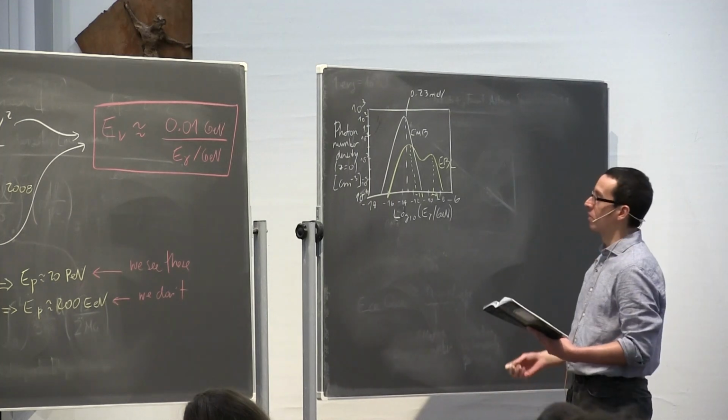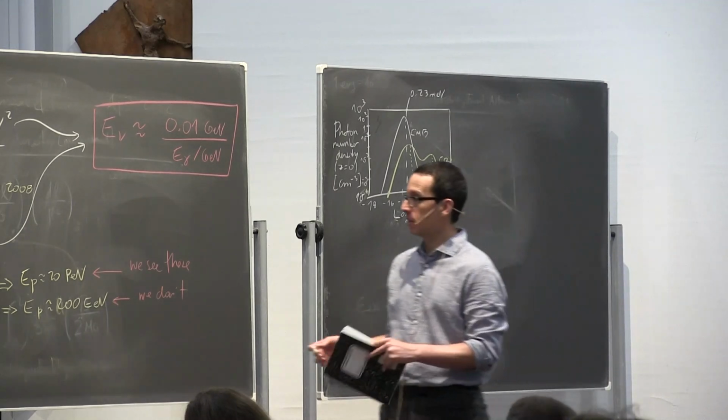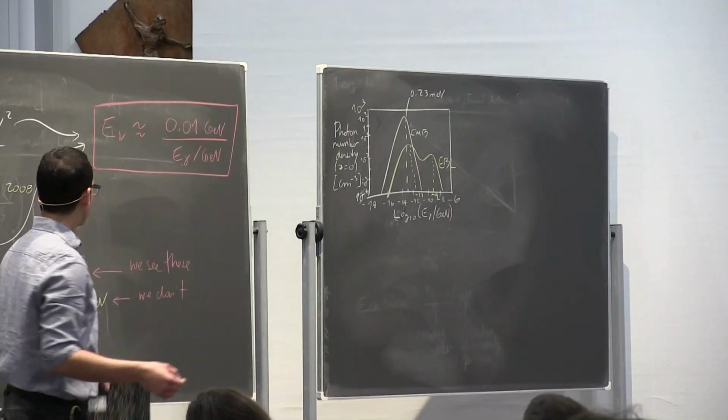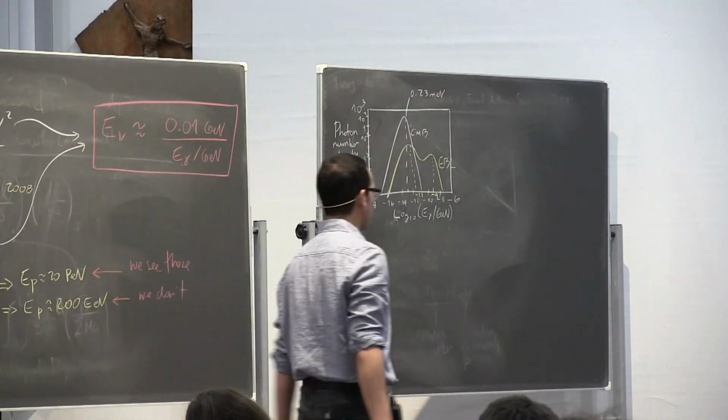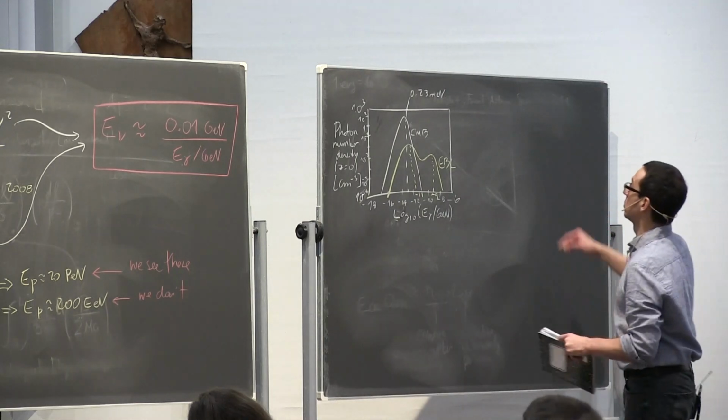Okay, so now we have a spectrum. Let's forget about the width of the photon spectra. Let's just talk about the peak positions. And let's use the relation we have to find out what the energies of the neutrinos that those interactions produce should be.